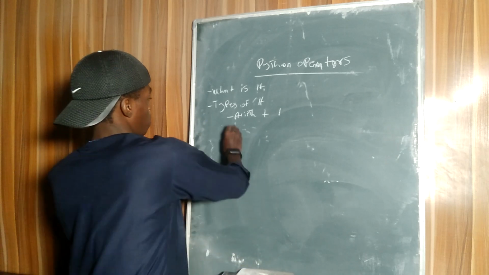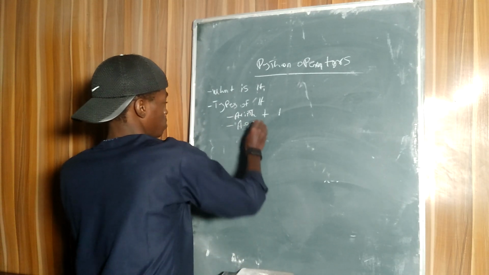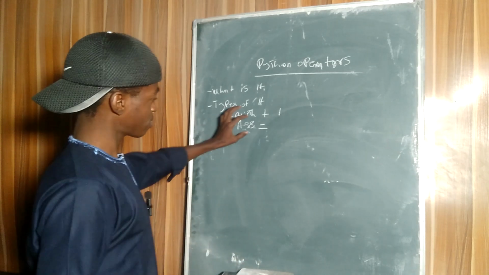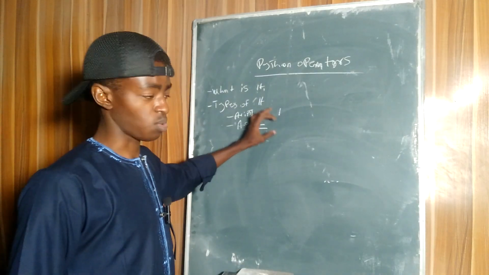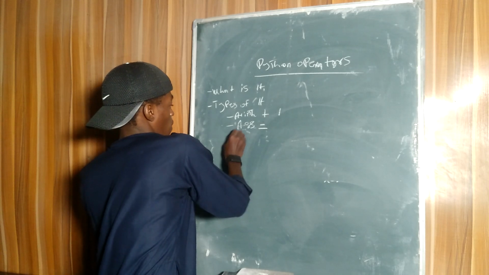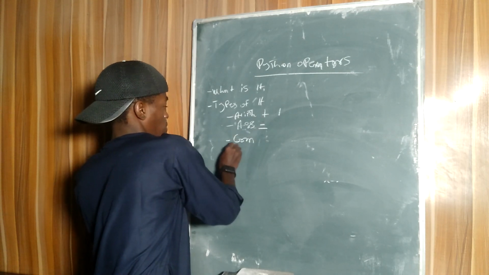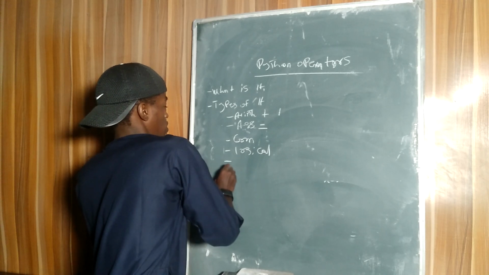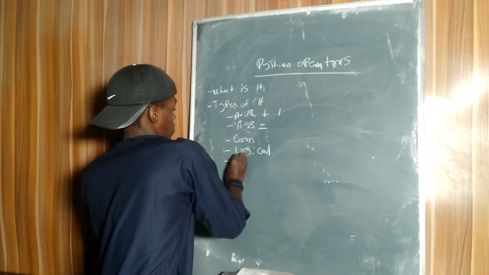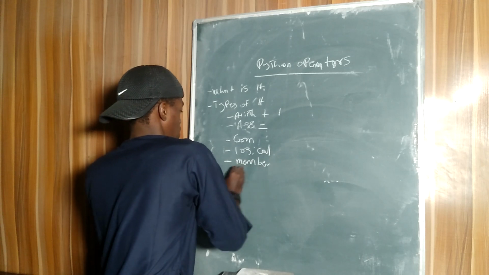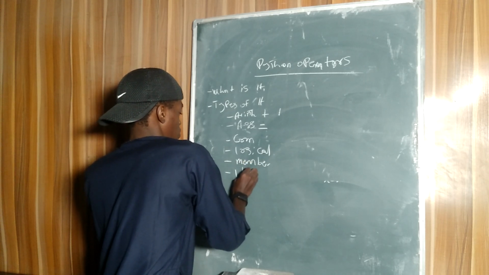And also we have assignment operator that includes the equality sign, equality plus, and so on. And then we have comparison operator, logical operator, membership operator, and also identity operator.